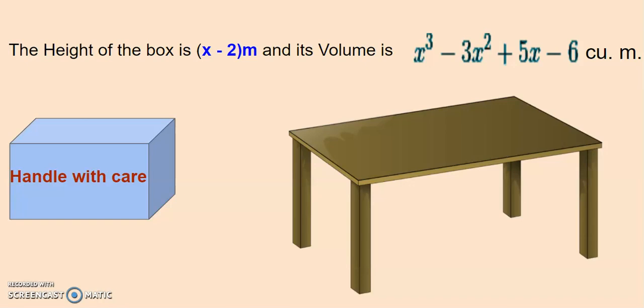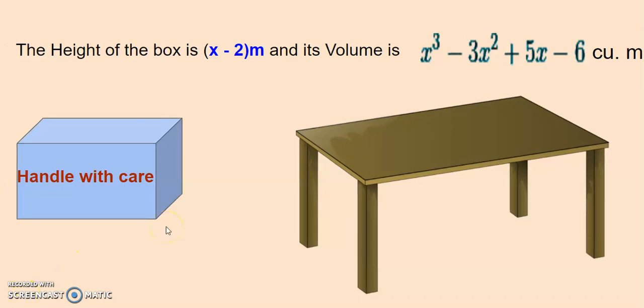So she needs to divide x cube minus 3x square plus 5x minus 6 by the linear polynomial x minus 2. So let us learn the division of polynomials today.